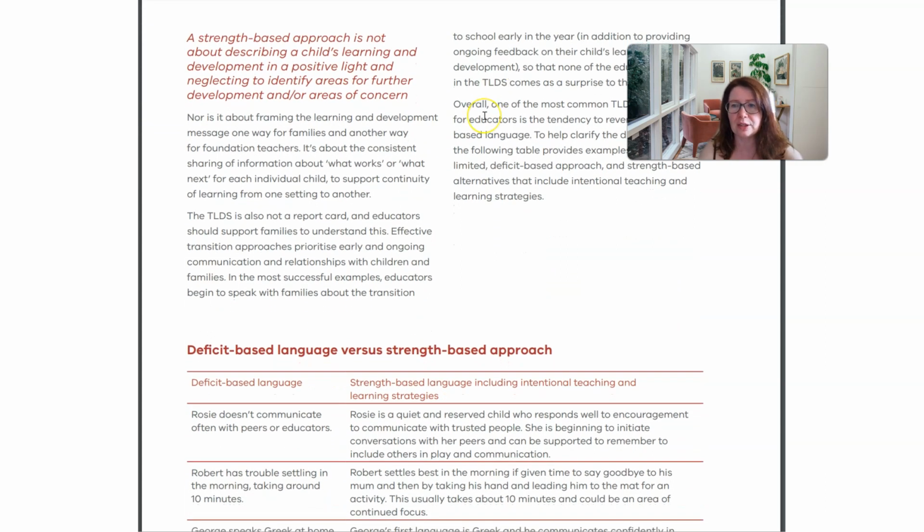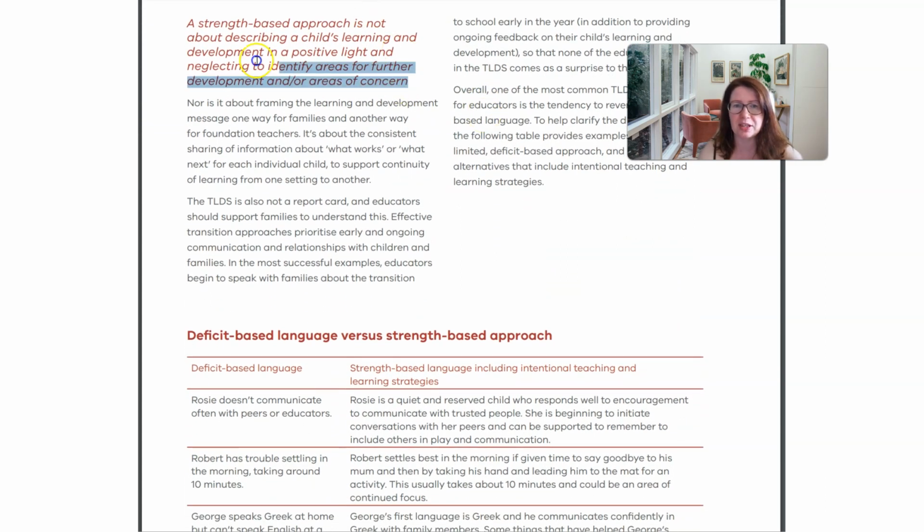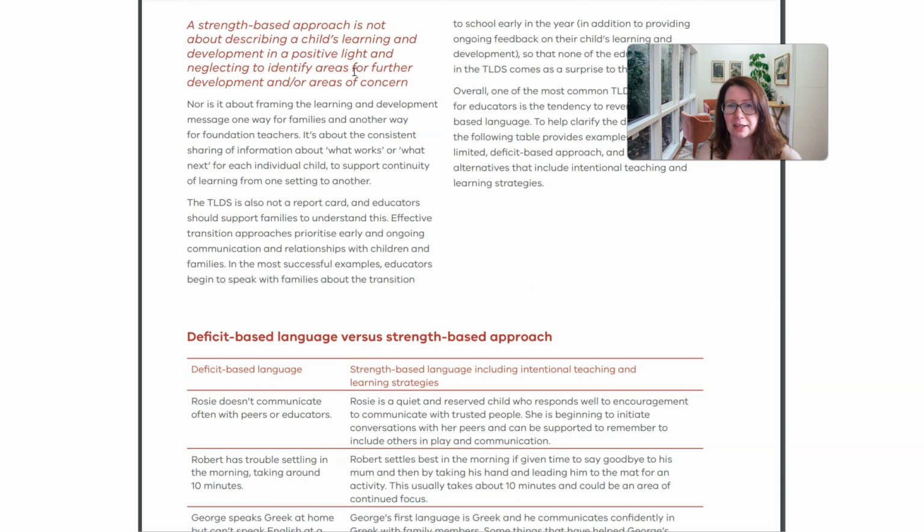So we are not describing a child's learning in a positive light or neglecting the delays or areas of concern that they might have. We identify them just as areas for further development. Yes, and we identify these areas as something that we can focus on. And we also consider the support that we are able to provide to this child and the family.